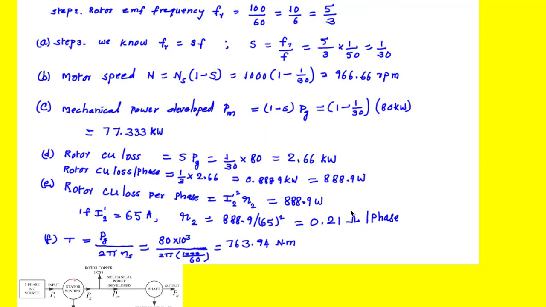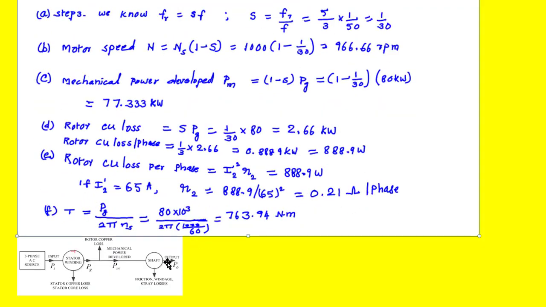The last one is, what is the torque developed. The torque equation is omega T is equal to power, so T is equal to Pg divided by 2 pi Ns. Pg is nothing but the air gap power that is available, that is 80 kilowatts. So 80 into 10 cube divided by 2 pi Ns.